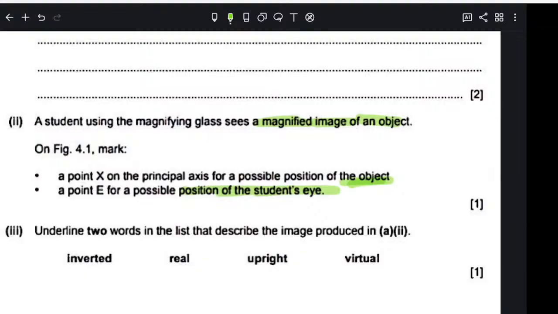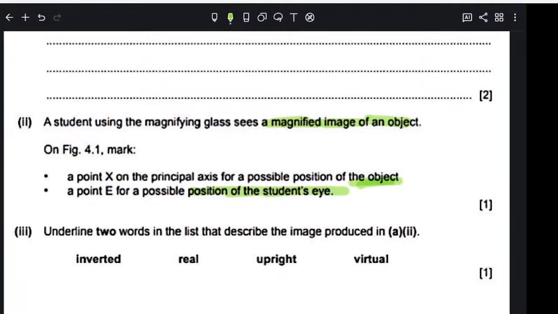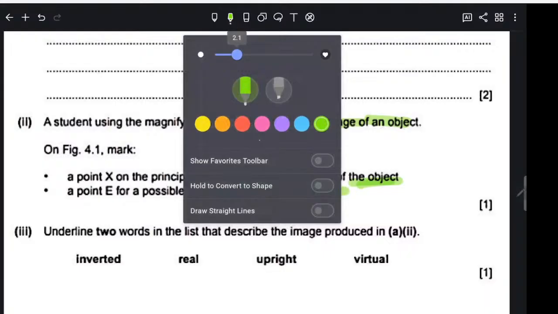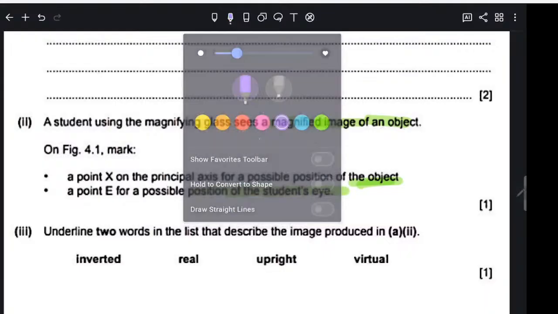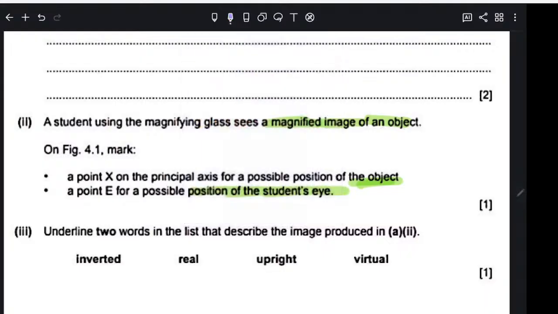Okay. How do we get it? Class, we are going to take our object. Let's draw. They said put X as the position of the object. Can you see that?